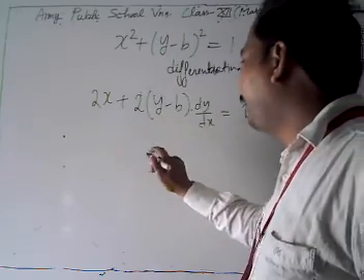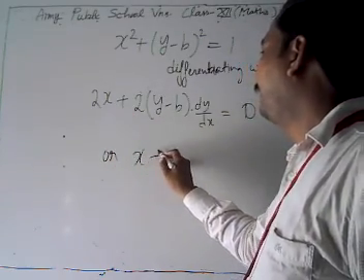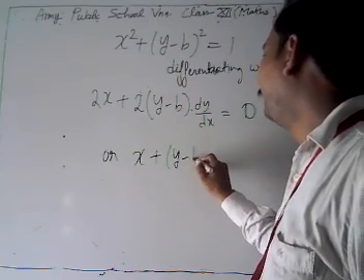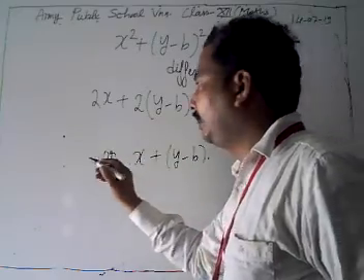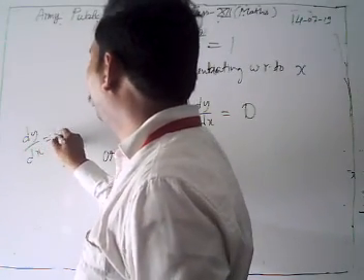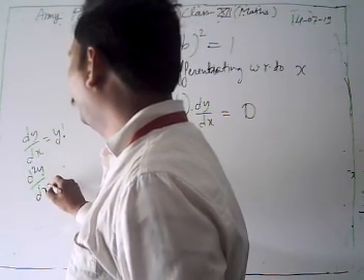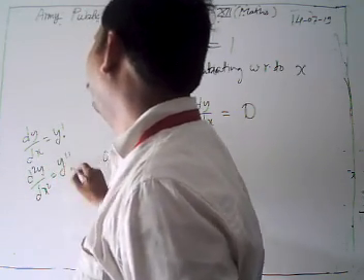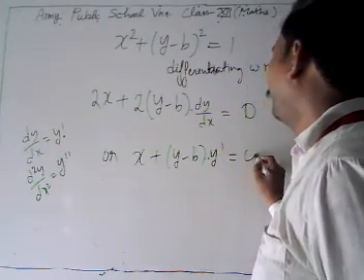This 2 cannot be equal to 0, so this can be written as x plus (y minus b) dy/dx equals 0. We can write dy/dx as y dash, and d2y/dx2 as y double dash, so x plus (y minus b) y dash is equal to 0.